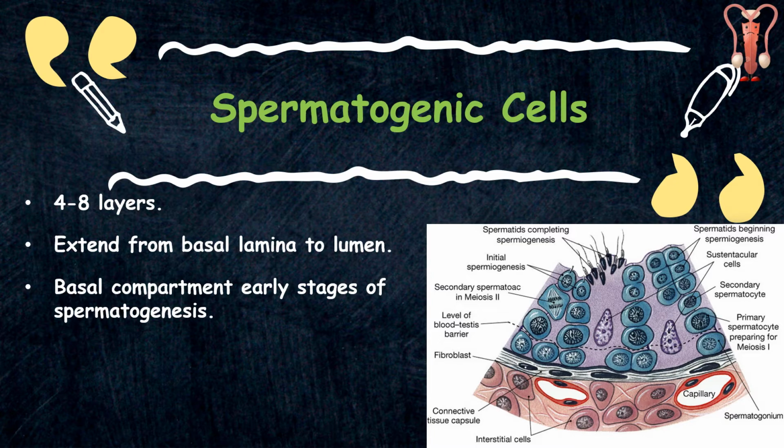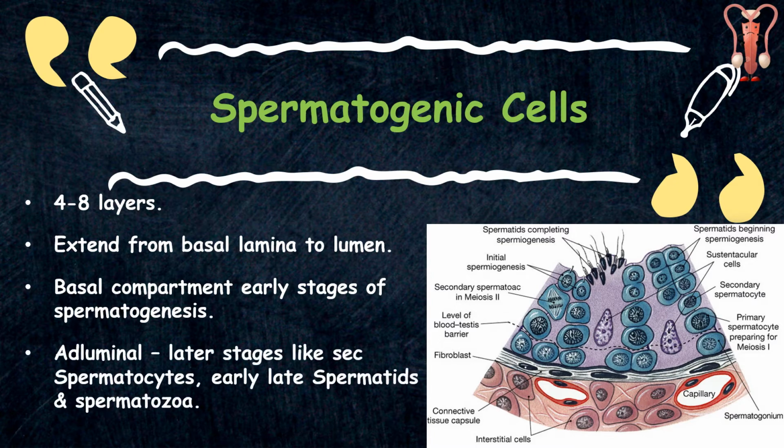The basal compartment or the deep part of the epithelium is occupied by the cells of early stages of spermatogenesis, that is the spermatogonia and the primary spermatocytes.